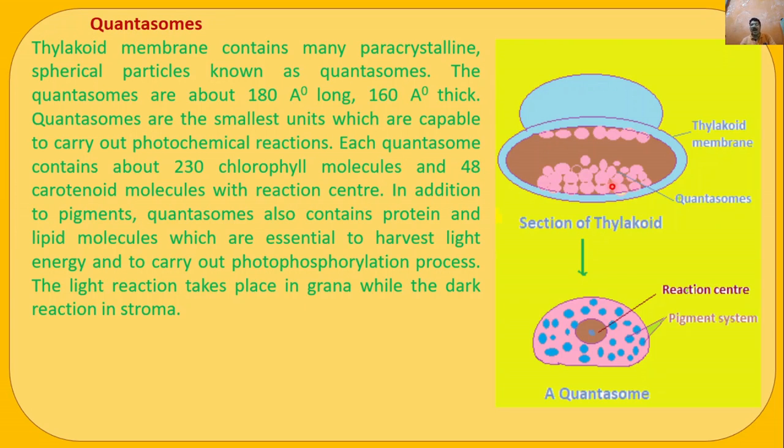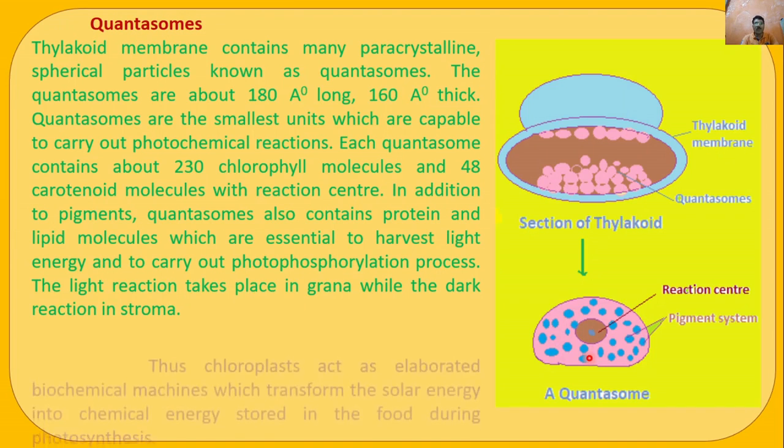So these quantasomes are very important parts which are involved in the photochemical reaction. Now if we see the enlarged structure of this quantasome, here you can see this is a quantasome and it contains a reaction center, and this is the pigment system. So this is a very important part to harvest light energy and to carry out the process of photophosphorylation. So these are nothing but the quantasomes.